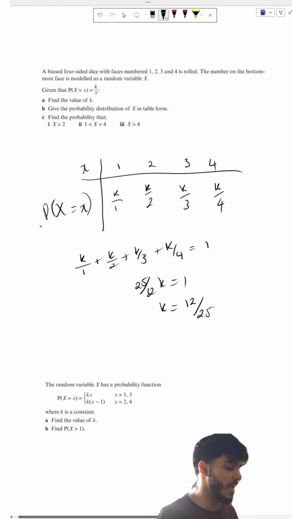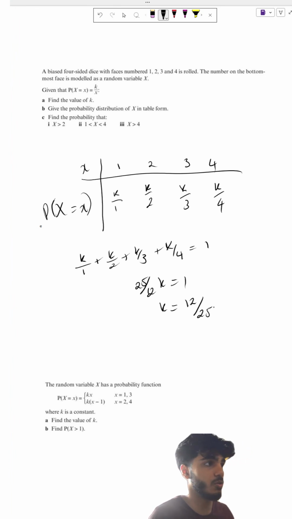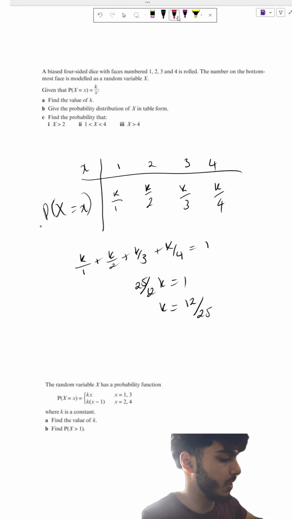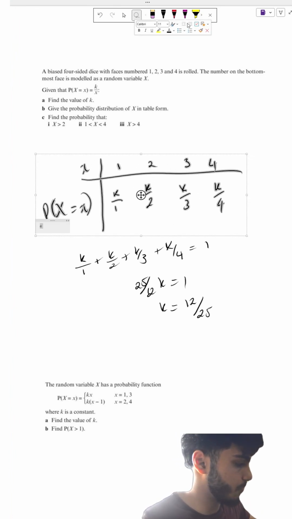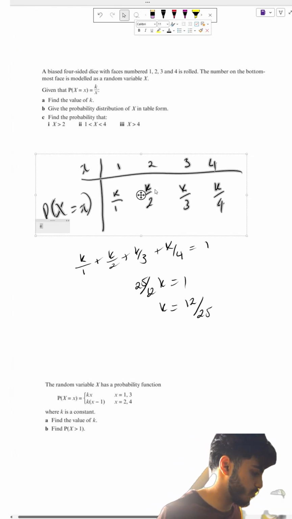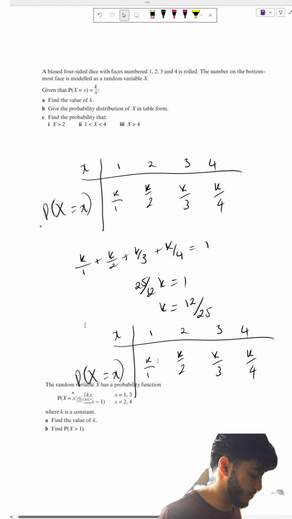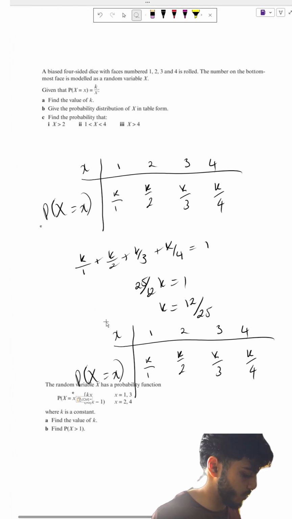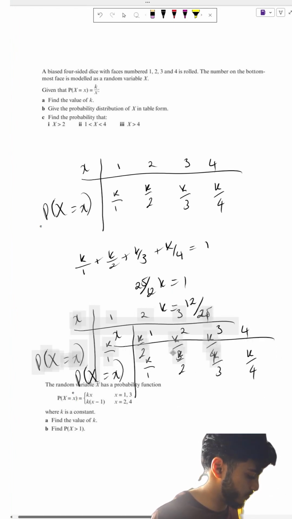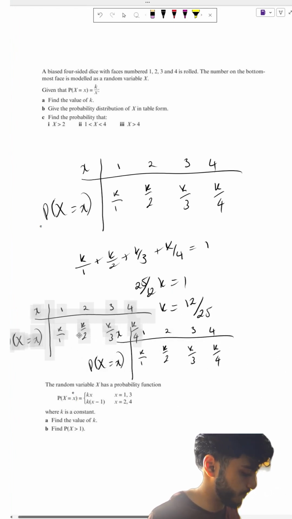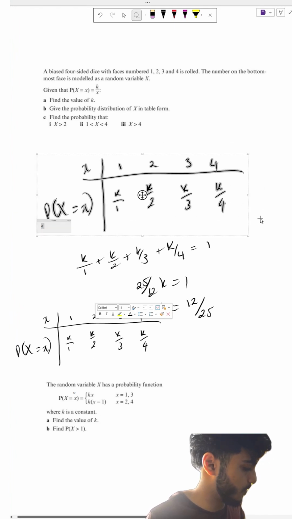Boom. And then from here, the best thing to do is rewrite the probability distribution and get rid of all the k's. I'm going to copy this. Copy and paste. There we go. Let me shrink this. Perfect.